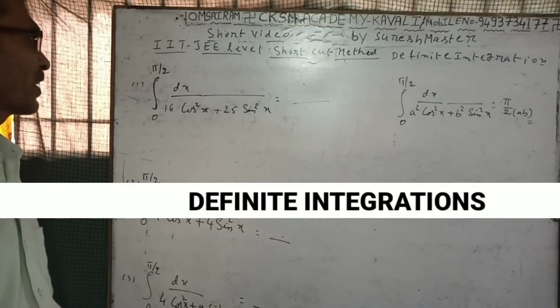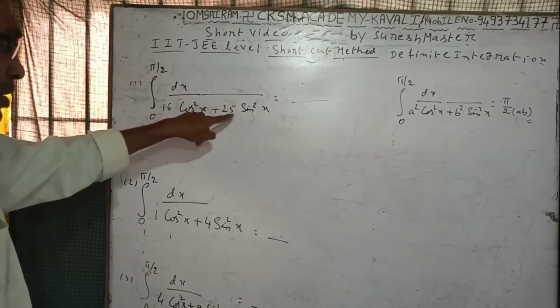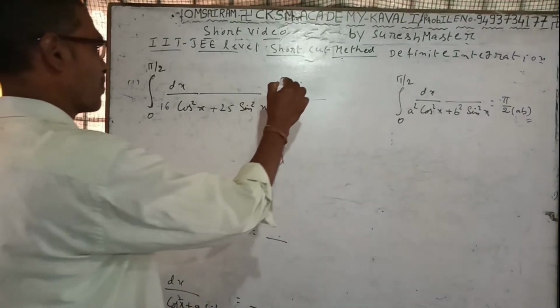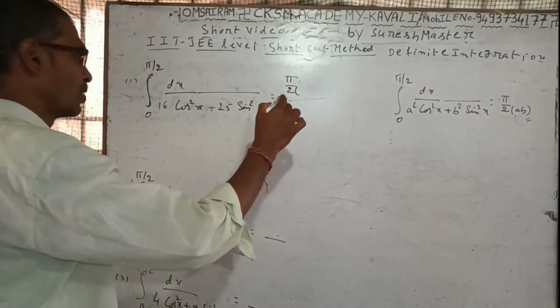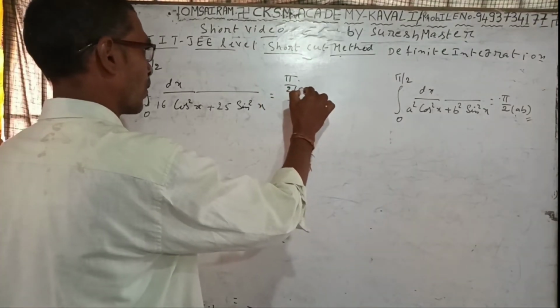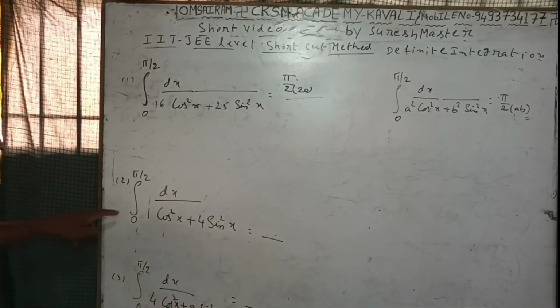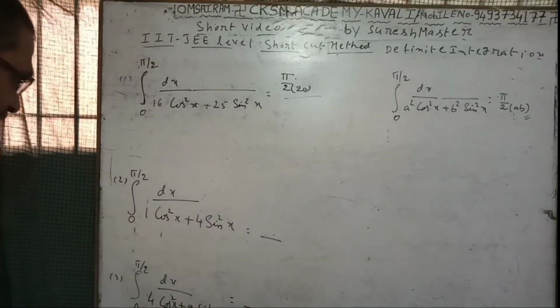Definite integration. So we have the integral 0 to pi by 2 dx by (16 cos square x plus 25 sin square x) given. This answer is pi by 2 into 20. Next we see integral 0 to pi by 2 dx by (1 cos square x plus 4 sin square x) given.